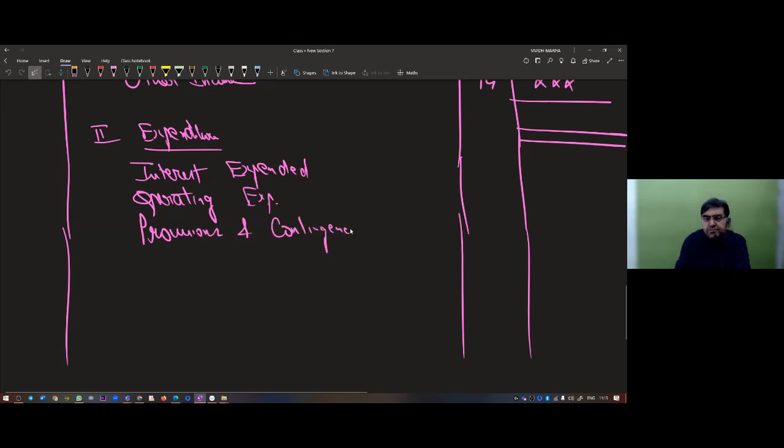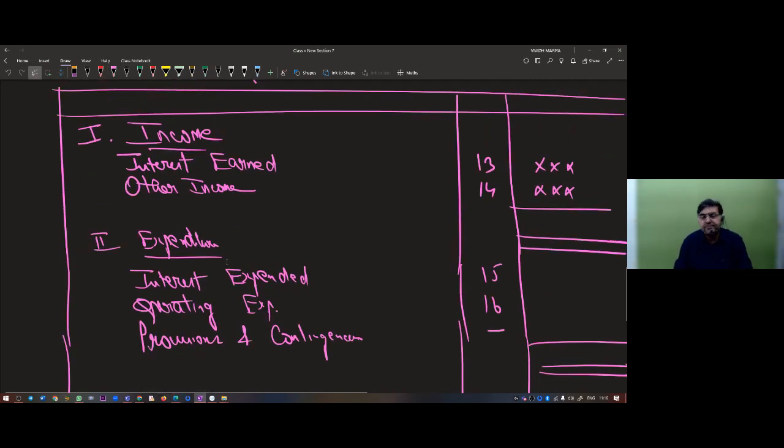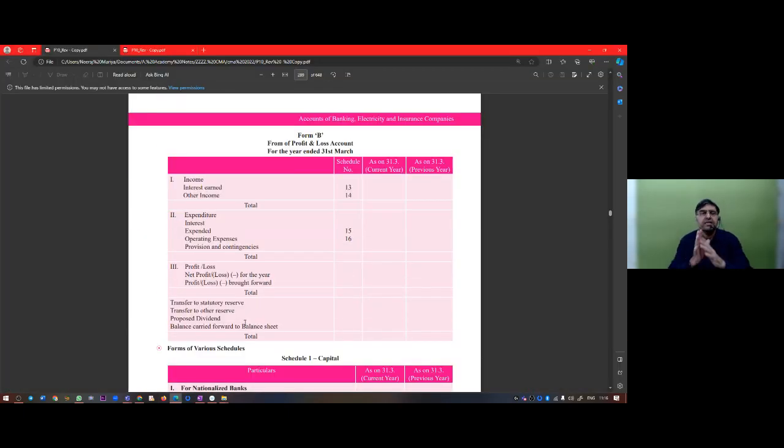These are 3 expenses. Schedule is 15, 16 and none. So total 16 schedules. So interest earned, other income, schedule 13 and 14, interest expended 15, operating expenses 16, provisions and contingencies.